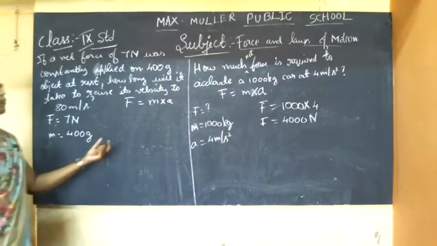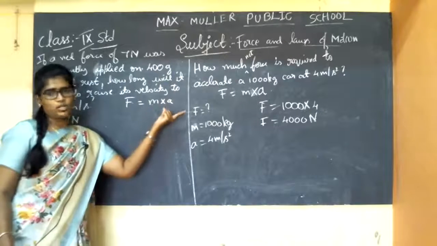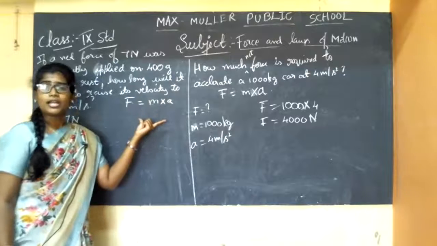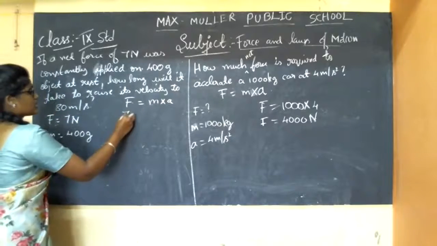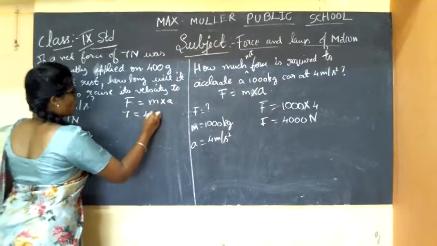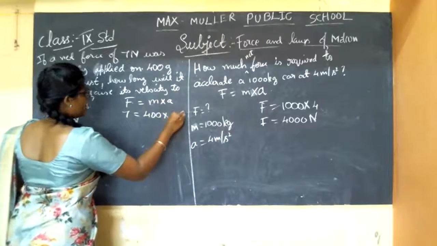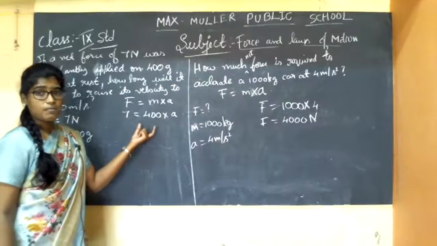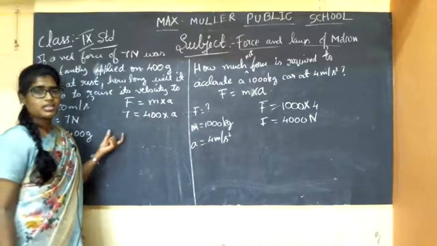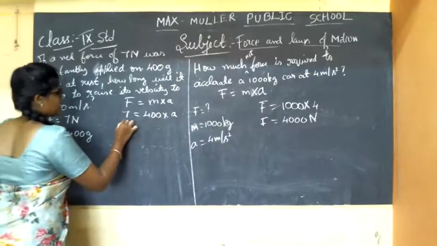Here we have a formula, that is F is equal to M into A. Using this formula, what can I find out? I can find acceleration. So let's substitute. 7 is equal to 400 into A. Now 400, is it multiplied or divided here? It has been multiplied. If I take the multiplied thing this side, what happens? It gets divided.